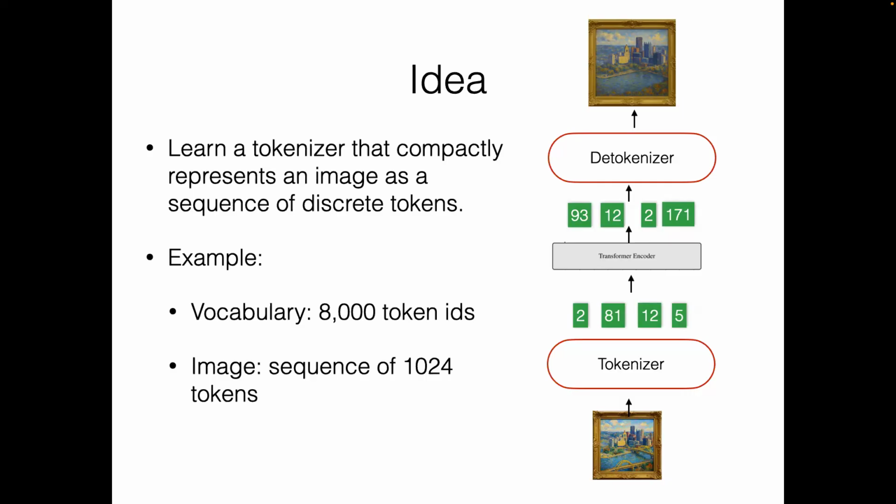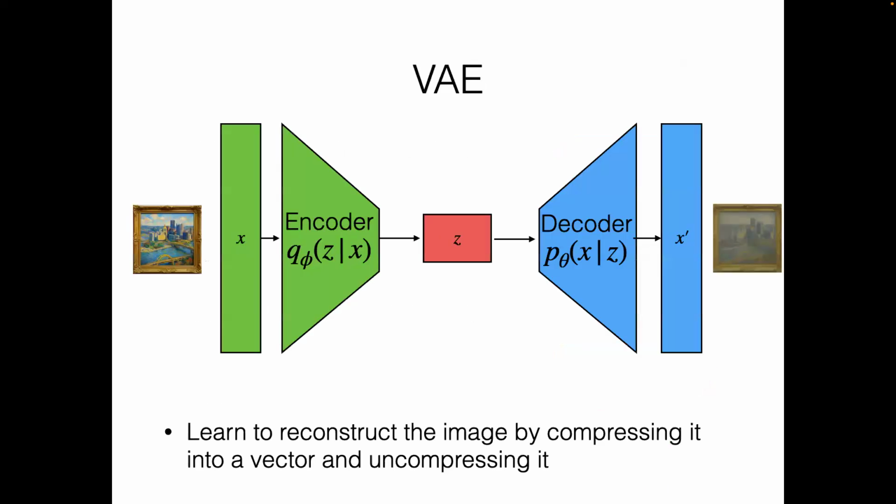So the question is, how do you do this, or how do you even think about this kind of problem? There's this cool approach called vector quantized VAE, and it uses the idea of variational autoencoders. Basically we want to learn some discrete code that is sufficient for a decoder to reconstruct the image.